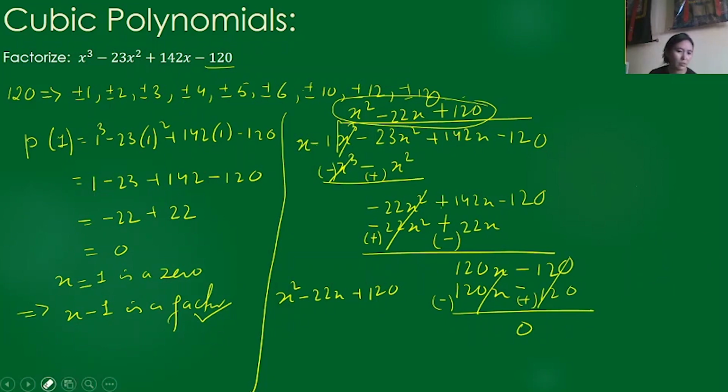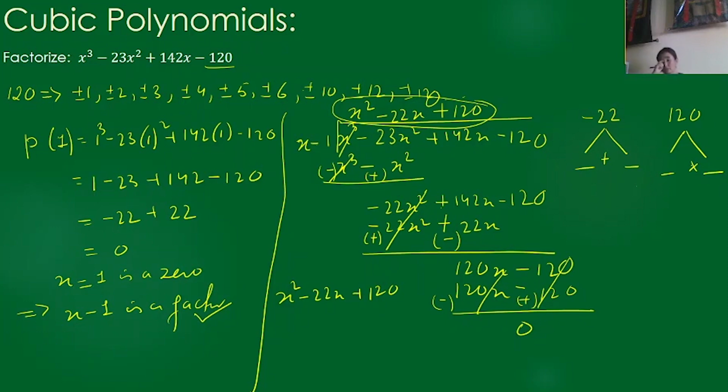When you add the two numbers you should get minus 22, and when you multiply the two numbers you should get 120, and 120 is plus here.